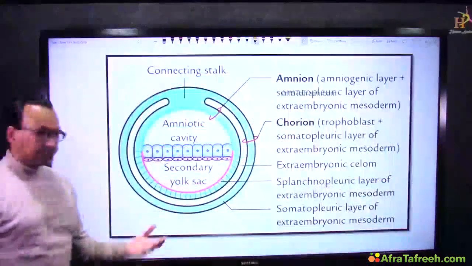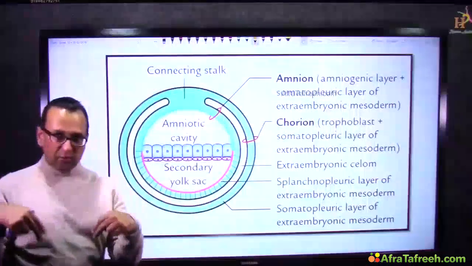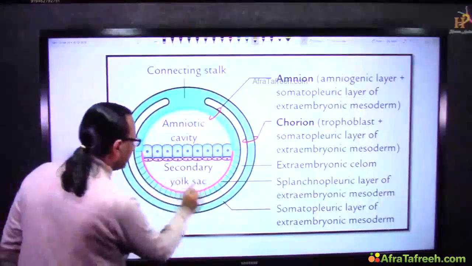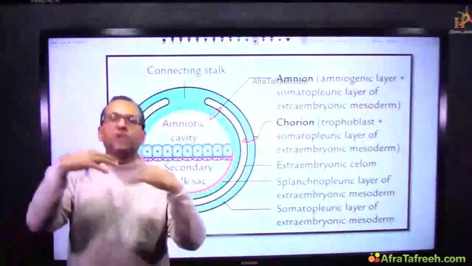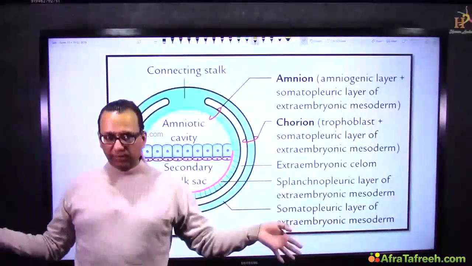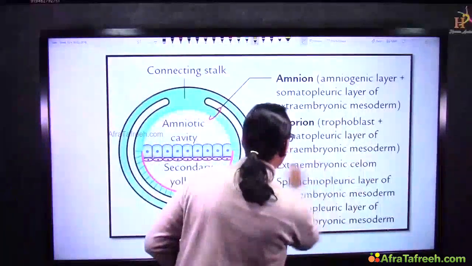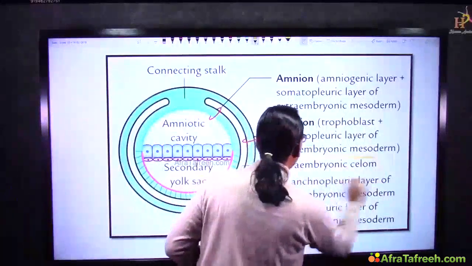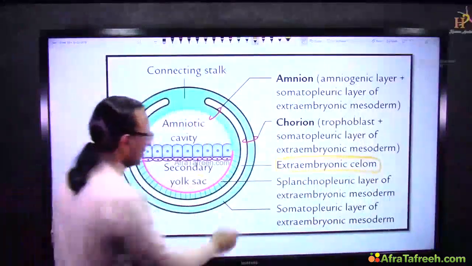So notice there is one amniotic cavity within the embryo, a yolk sac cavity within the embryo, and a coelomic cavity within the embryo. But then there is one extra coelomic cavity also, and that extraembryonic coelom is developing outside the embryo. Here it is.